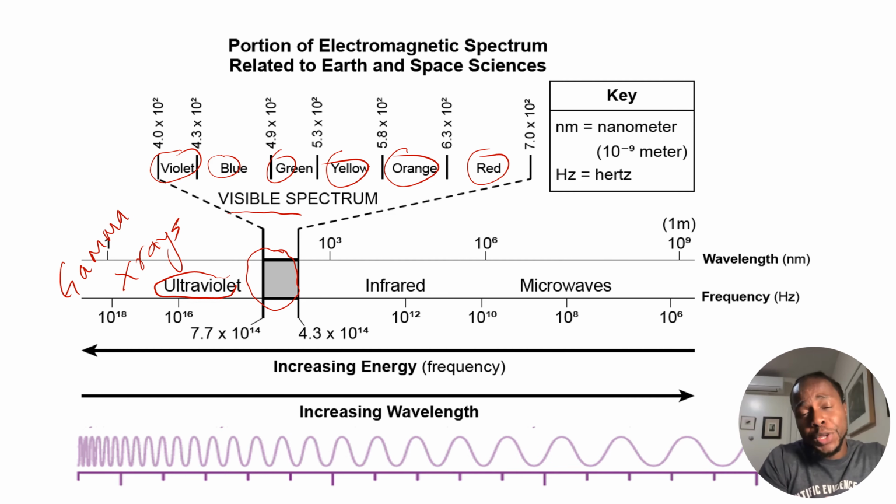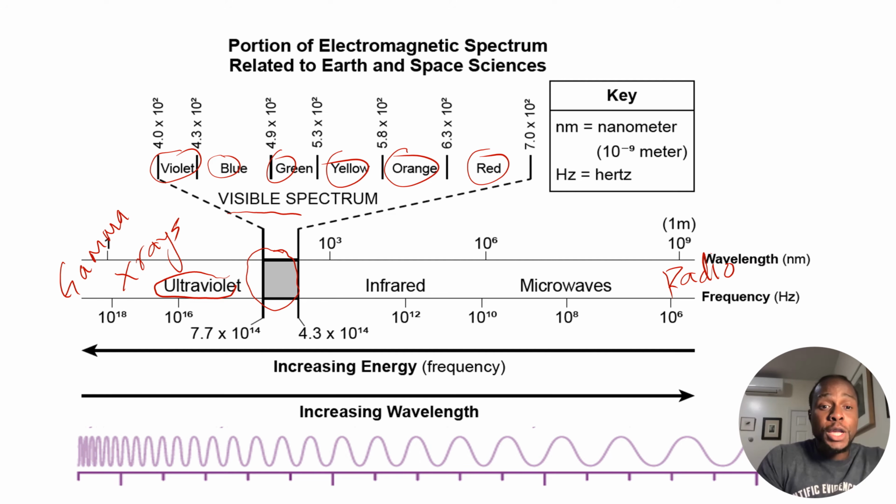Then beyond the red, moving to the right side, anything deeper than red, you have the infrared, and then you have the microwaves, and ultimately you have radio waves. So simply put, the radio waves are much more stretched. The wavelength is stretched, so the frequency is very low.